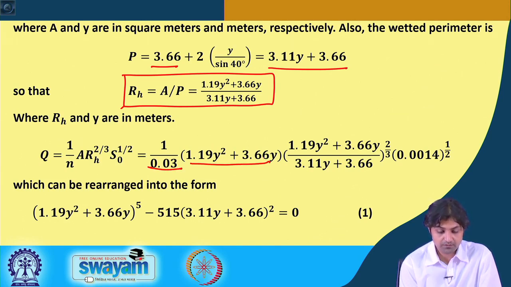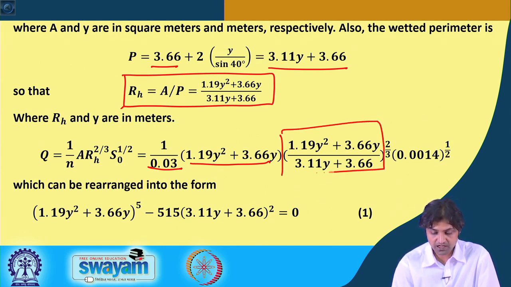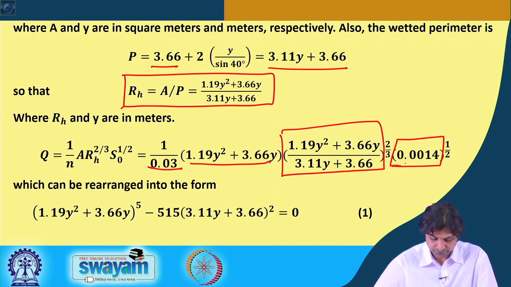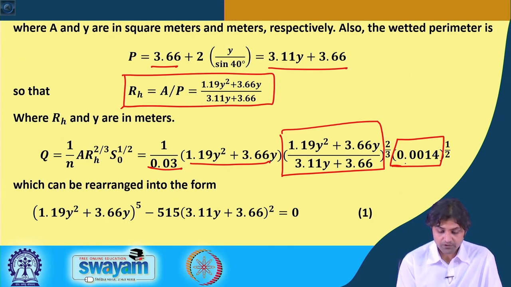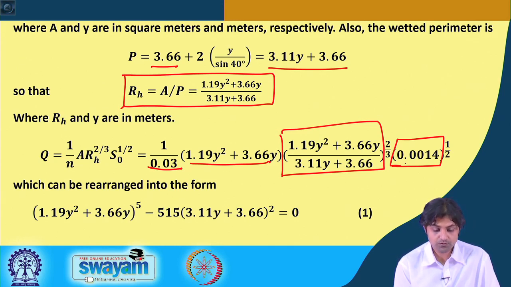Area we have written in terms of y in the previous slide, this is R_H to the power 2 by 3, and S naught is given as well, 0.0014. Okay. All right. Now, what is the value of Q that we are going to use?